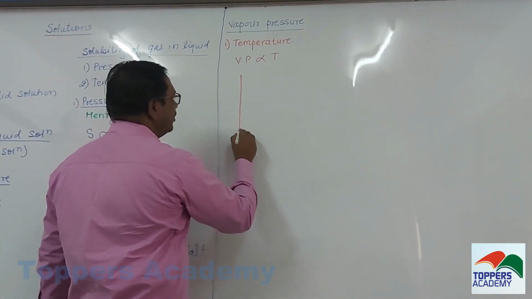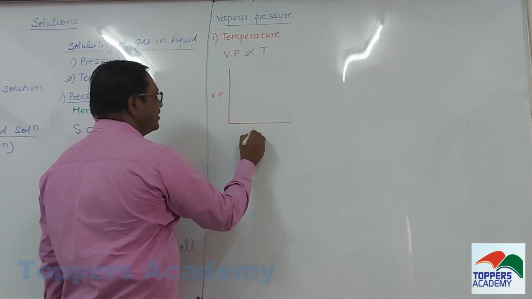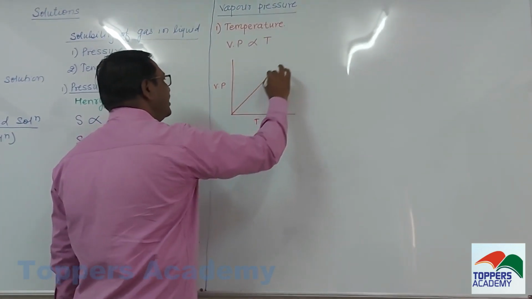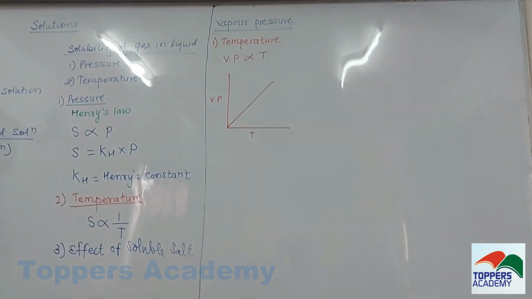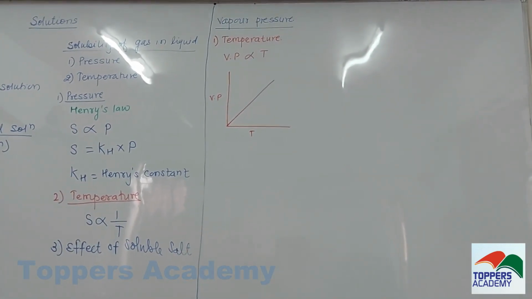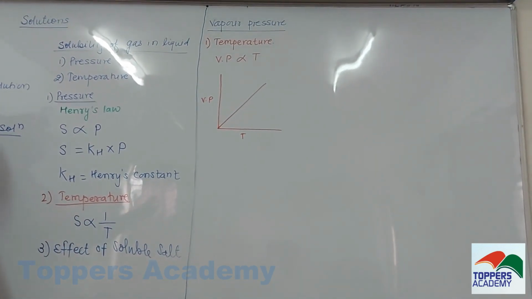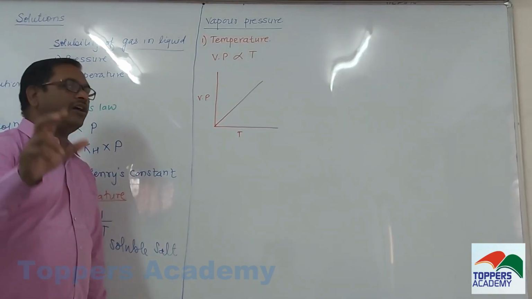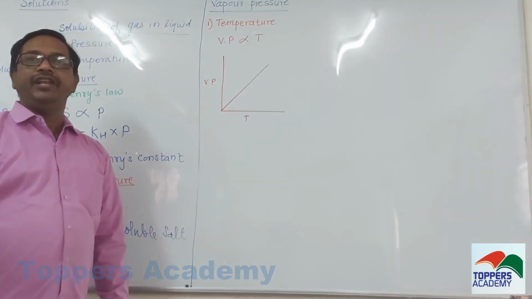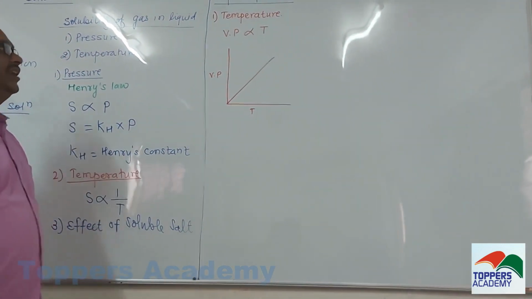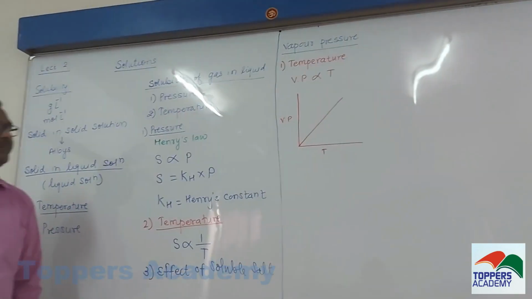For example, when we show graphically vapor pressure versus temperature, there is an increase in vapor pressure with increasing temperature. In this way, what is the vapor pressure? The pressure exerted by the vapors of a liquid on its surface which are in equilibrium with the liquid state is known as the vapor pressure of liquid.